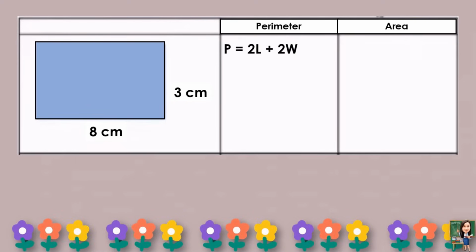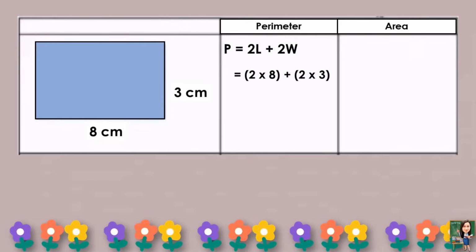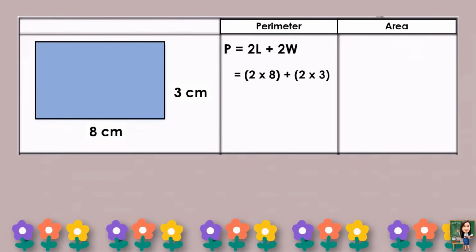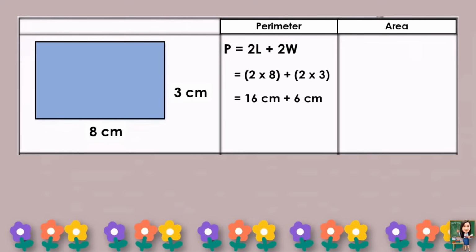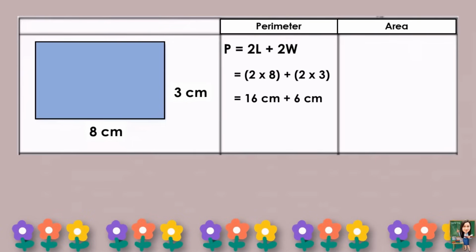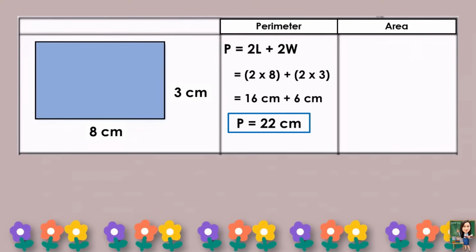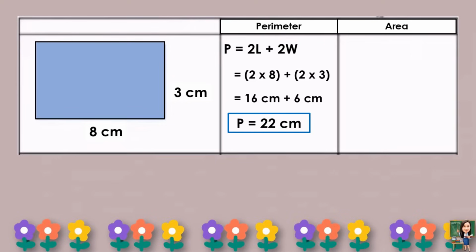Then substitute: 2 times 8 and 2 times 3. 2 times 8 equals 16 cm. Then 2 times 3 equals 6 cm. Then add 16 plus 6 equals 22 cm. The perimeter of this rectangle is 22 cm.